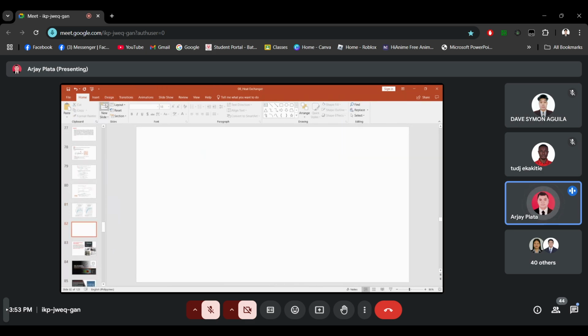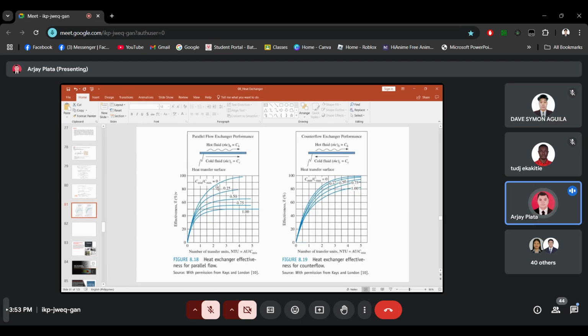Is it in your table? Because you will use it during your exam. You should have this graph on your table. Please check.